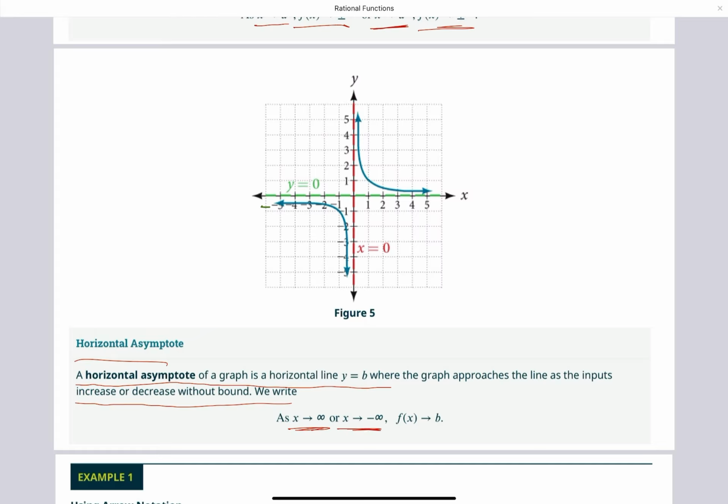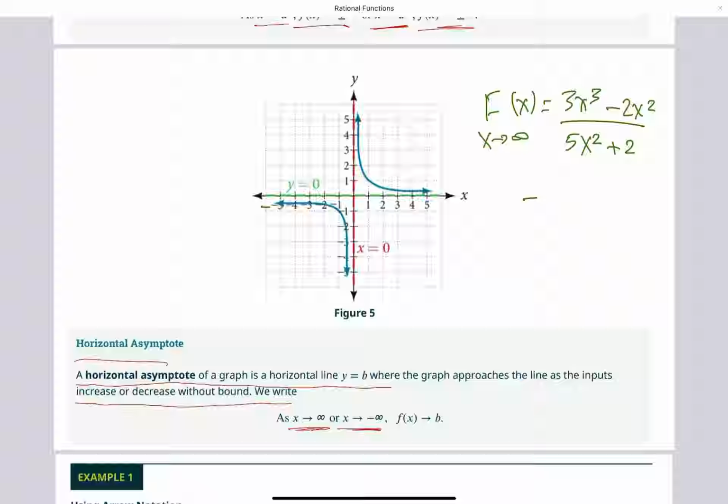Yeah, the question is, when do I have a rational function that doesn't have a horizontal asymptote? And that is very simple. Let's say we have 3x cubed as well, minus 2x squared, divided by 5x squared, plus 2, as x tends to infinity. If I take the leading term in this case, I'm getting 3x cubed, divided by 5x squared.